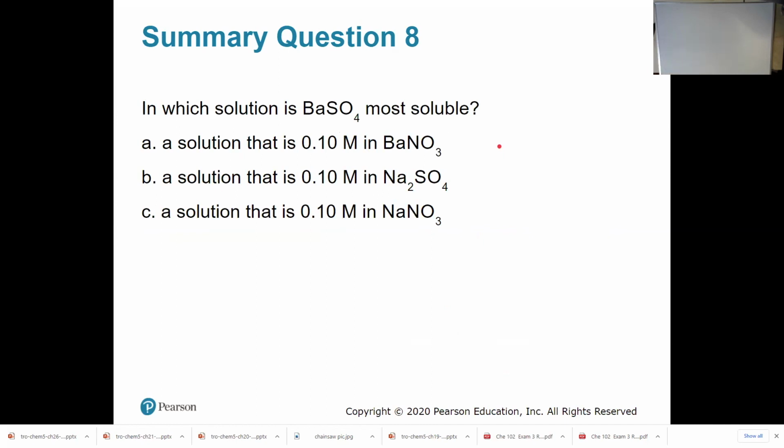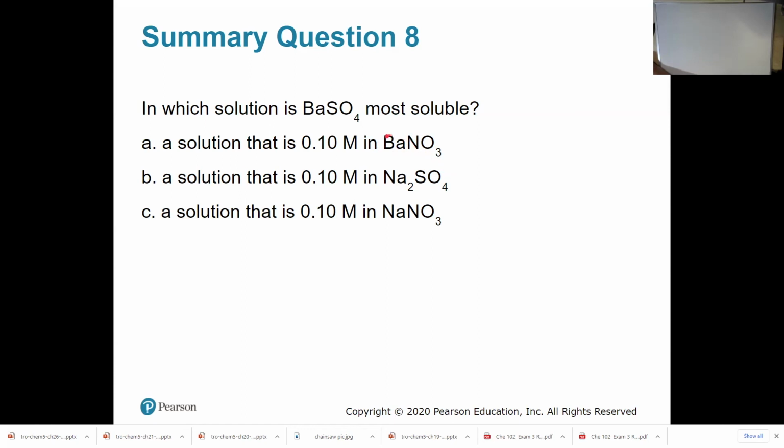This question asks, in which solution is barium sulfate most soluble? This question is asking us to look at the common ion effect and how that changes the solubility of a compound. Anytime you have a common ion present, that's going to reduce the solubility of your solid. So when you look through these choices, in choice A, the barium ion is present here.